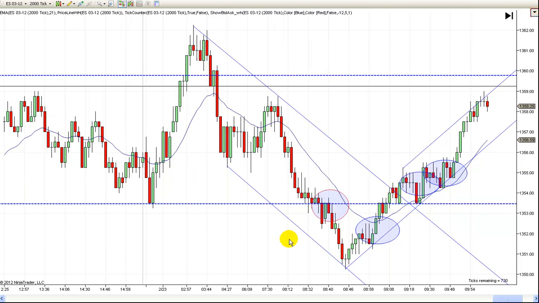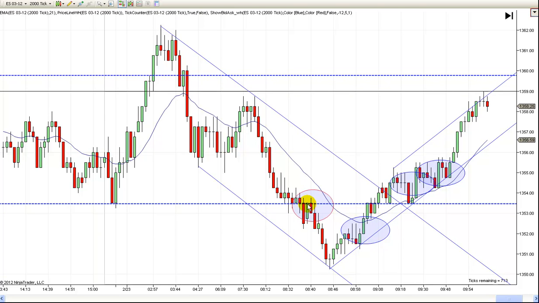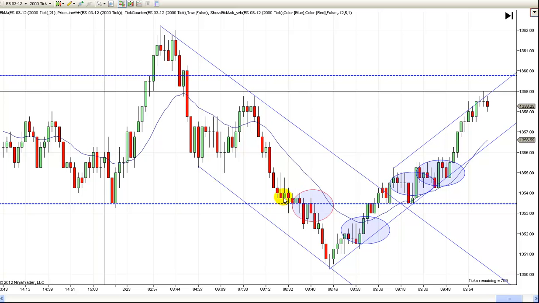First of all, if you stick to our rules on the setup, there's no real good setup here. It's possible you could have got fooled on this bar, and if you did, I can see why, because we had this little overlap, this congestion that's at a strong support area. We broke lower, and it looked like it was going to fail, and so it would have been real easy to get long right here.